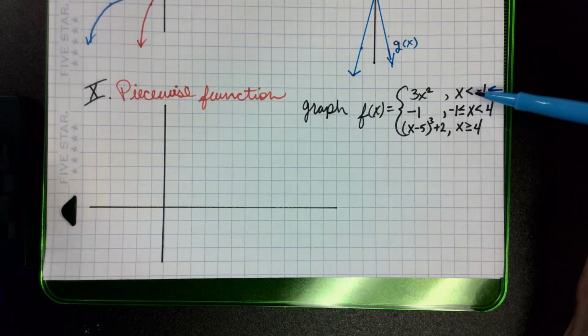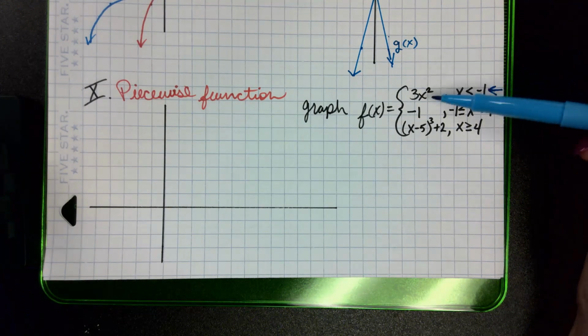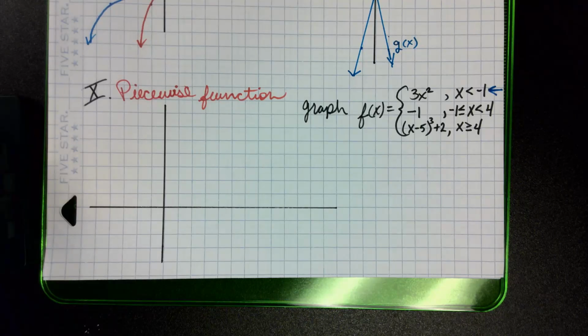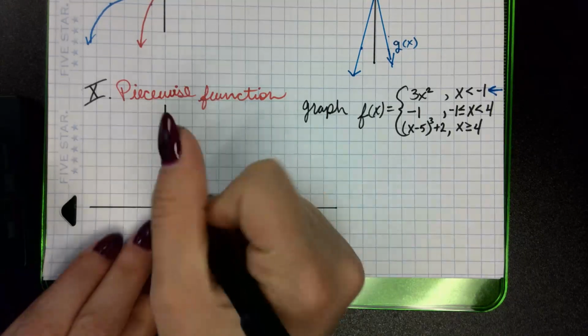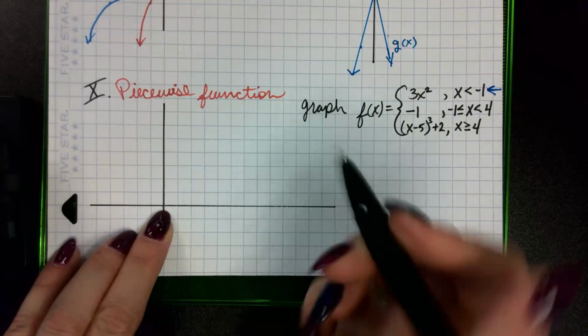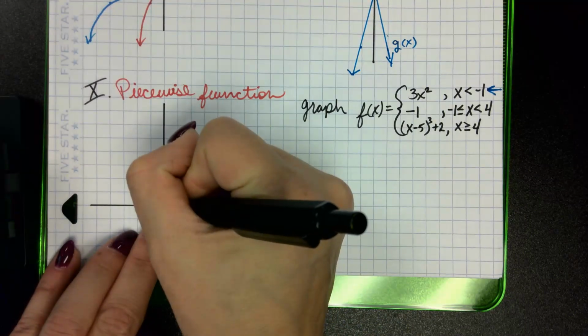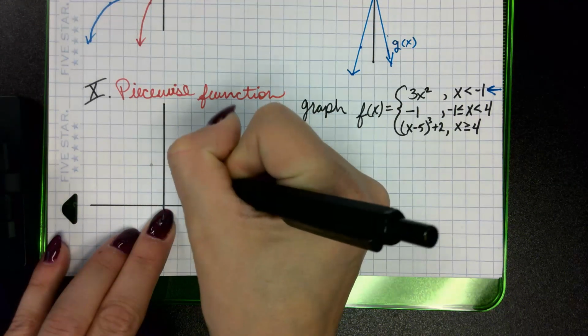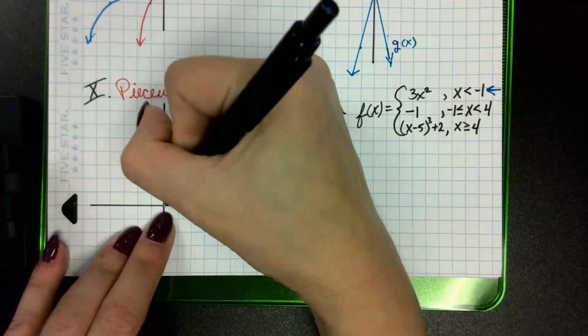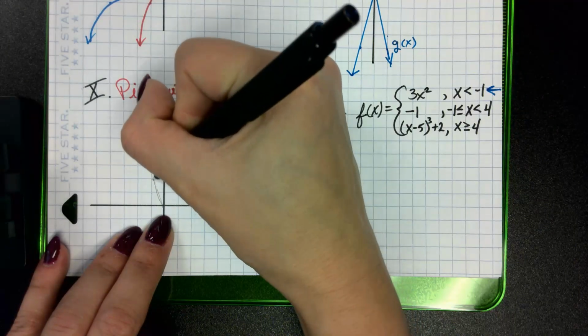So when x is less than negative 1, I'm using the graph 3 times x squared. So it's quadratic that's been stretched by 3. The easiest way to do this would probably be take a pencil, and if I just graph 3 times x squared, so it's 0, 0, and then 1 times 3, 1, 2, 3, 1 times 3, and then it goes on from there. So this is a stretched parabola.